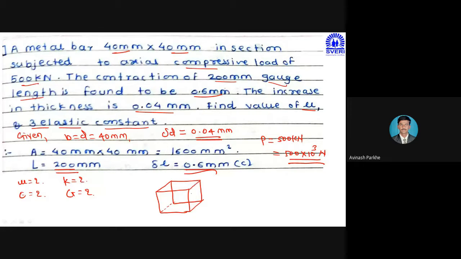It is subjected to the compressive load of 500 kilonewton, on this side and this side. Length is given as 200 mm. This is 40 mm width. This is 40 mm depth. And we have to consider this cross-sectional area for our further calculation.